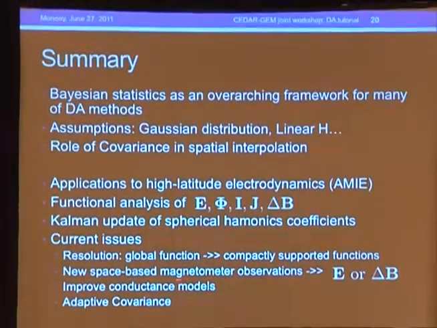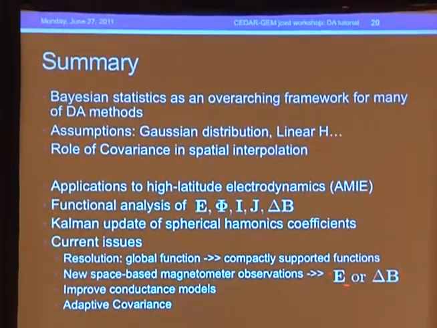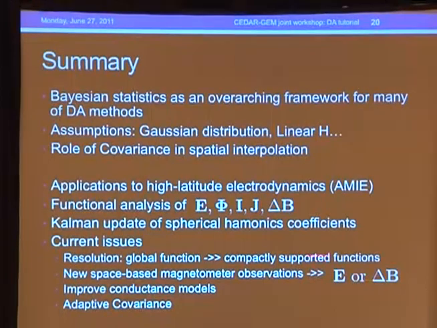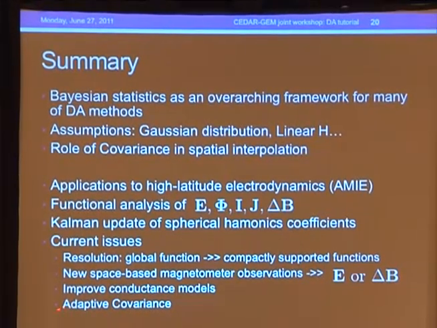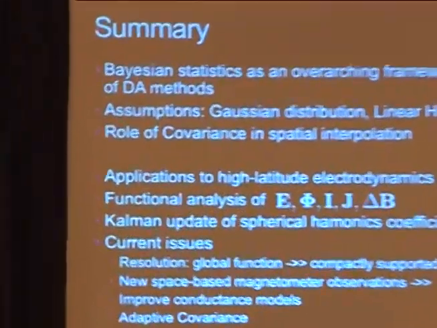To take advantage of new observations, we could minimize in different quantities. Of course, we really have to improve the conductance models, and the final idea is to make the covariance adaptive. Any of these ideas need a lot of contribution from the next generation. Okay, that's all I have to say.